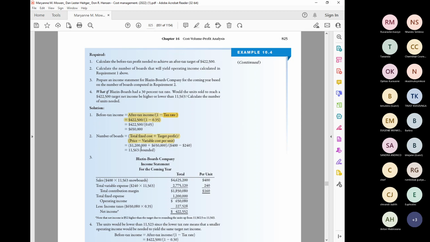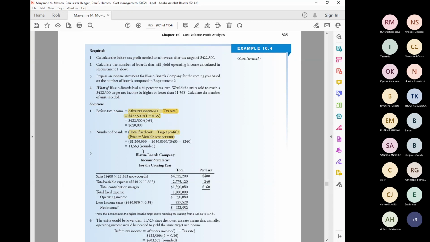That is 1,200,000 plus 650,000 divided by 400 minus 240. And then we get 11,563.